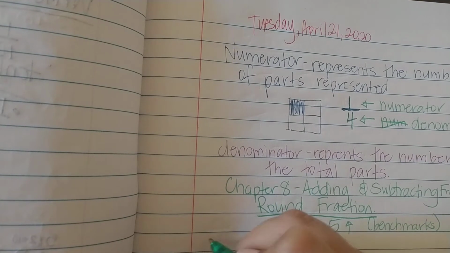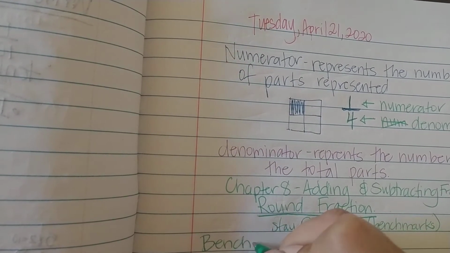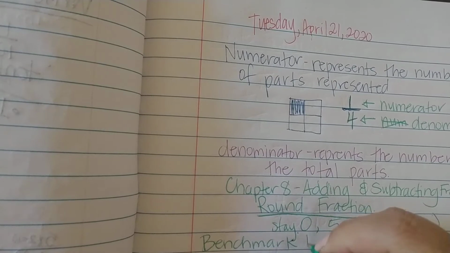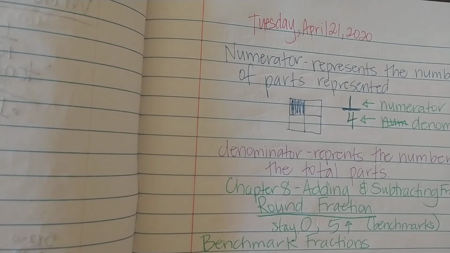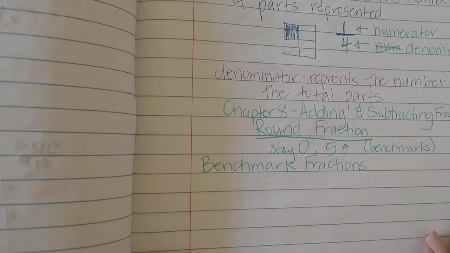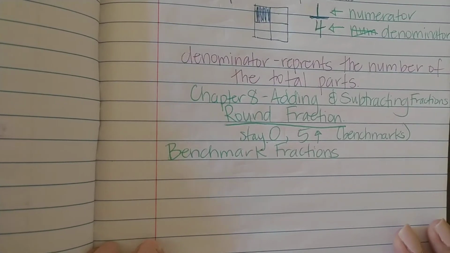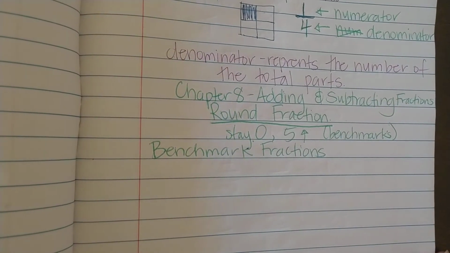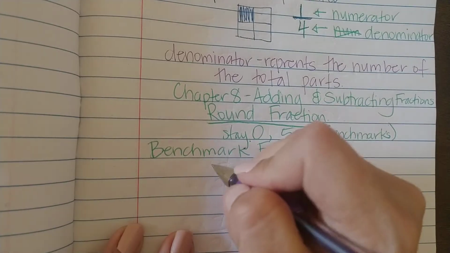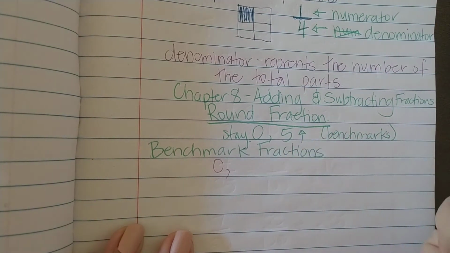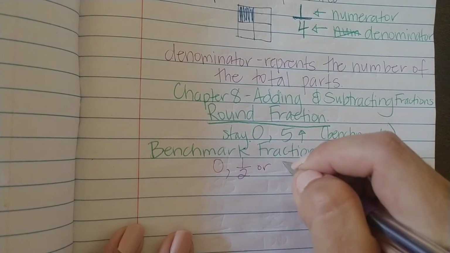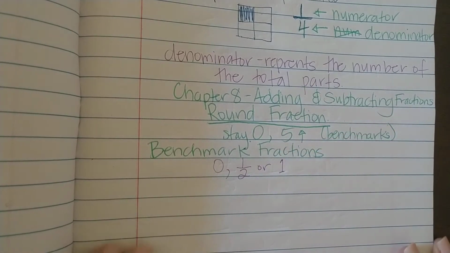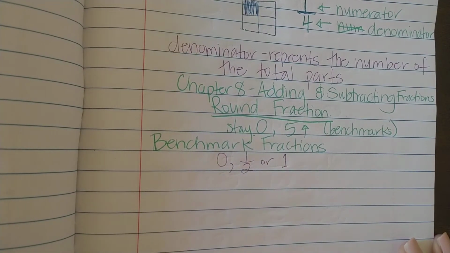So in fractions, we call those benchmark fractions. And basically these fractions help guide us if we're going to go up or we're going to go down. So we're going to use the number 0, 1/2, or the number 1 to help guide us when we're doing those benchmark fractions.